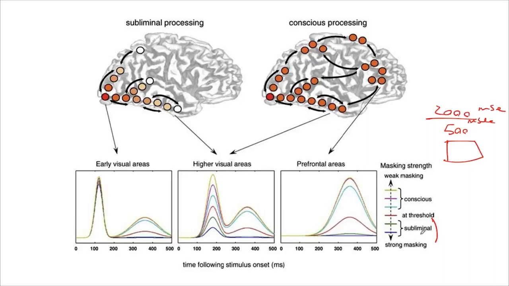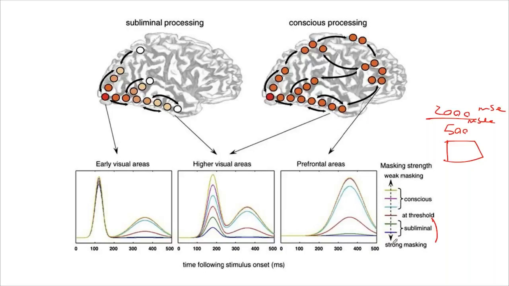We call that subliminal presentation. Or sometimes we make a blurry mask over the picture, so it is really hard to diagnose what is happening under that subliminal presentation of the image, okay? And these colors are representing those presentations.